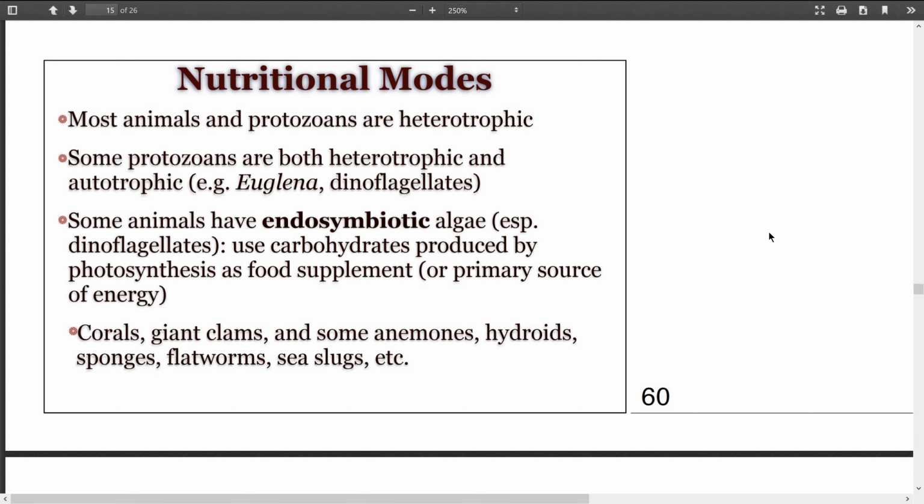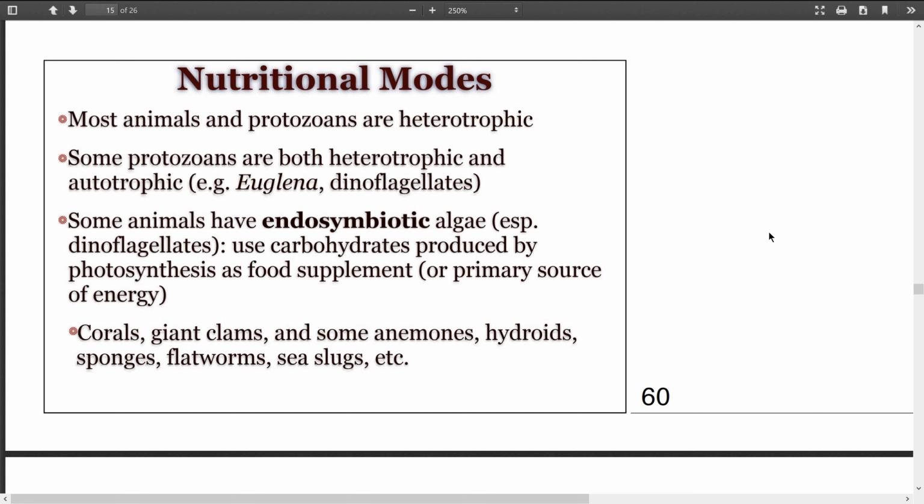Other giant clams rely heavily on endosymbiotic algae. Some anemones, some hydroids, you'll meet some of these in lab this week. Some sponges and some flatworms and sea slugs.